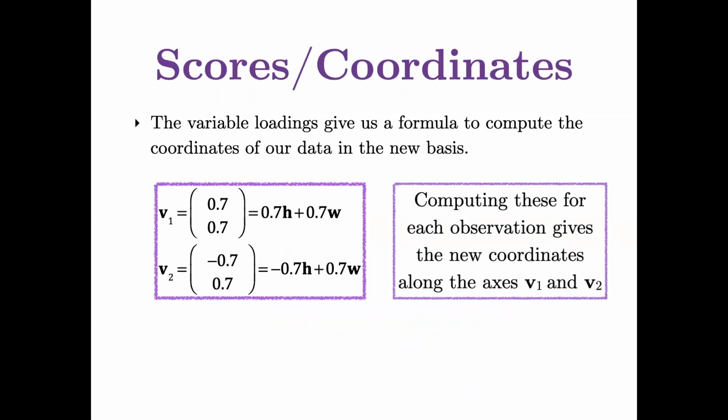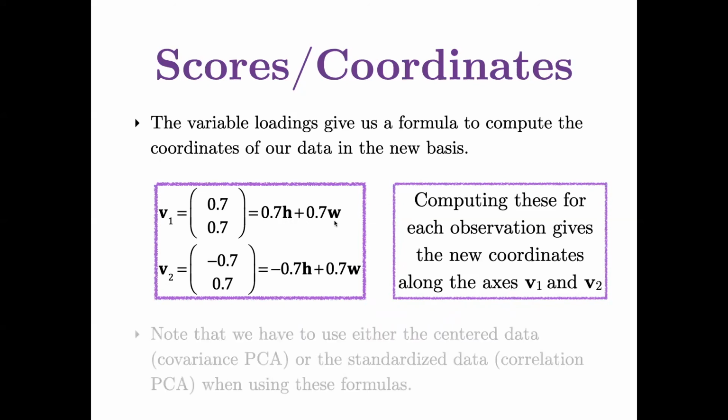Now, those variable loadings actually give us a formula to compute the coordinates of our data in the new basis. So for every point, the data I've collected is height and weight. In order to get their coordinate along V1, I simply take 0.7 times the height plus 0.7 times the weight.